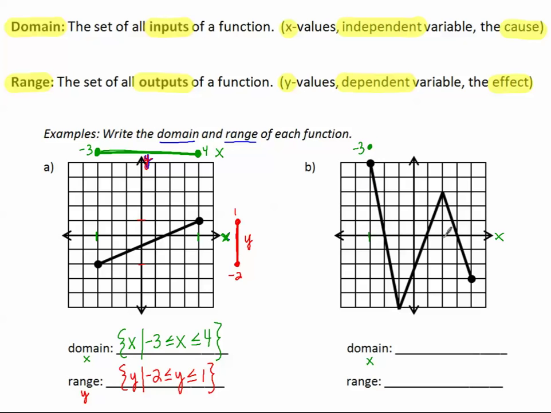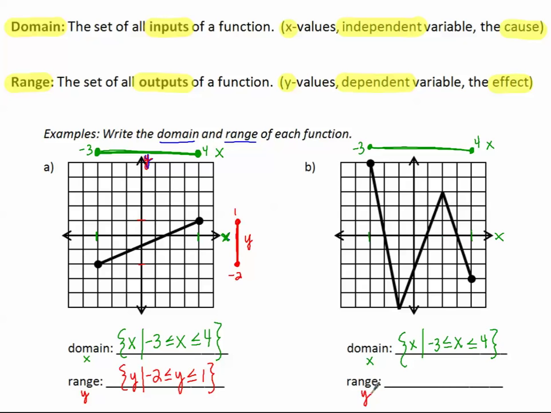And the farthest to the right that it goes is here, 1, 2, 3, 4, that's +4. The graph is everywhere in between that. So it's like our x-axis going right and left. So my domain is all x values such that -3 is less than or equal to x is less than or equal to 4.